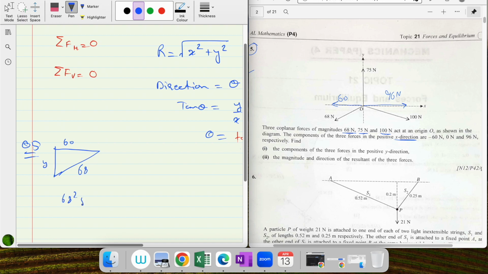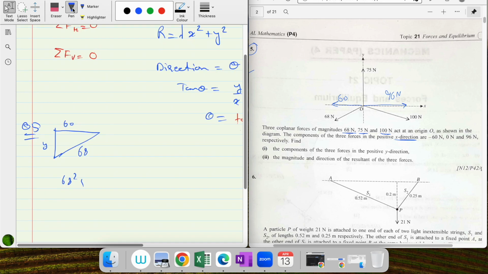So the square root of 68 squared minus 60 squared gives me the vertical component, and that is 32 newtons. So this right here, the y component, is 32 newtons.